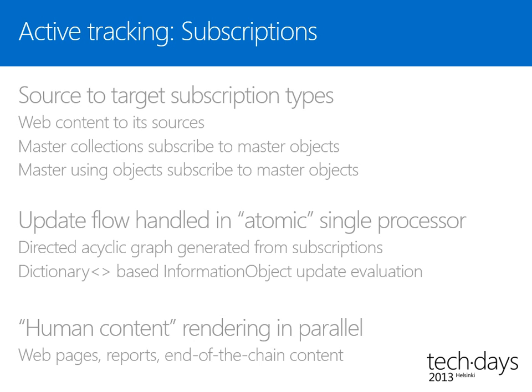Then master collections subscribe to their master object directory. So any addition, modification, or deletion prompts a subscriber to update the master collection. And again, objects that use some other master within their structure also subscribe to master object changes.